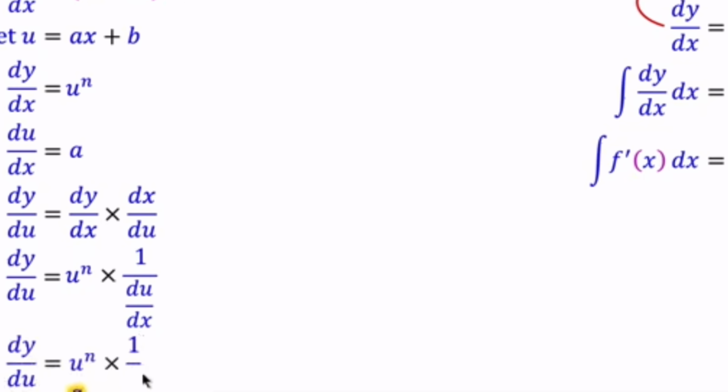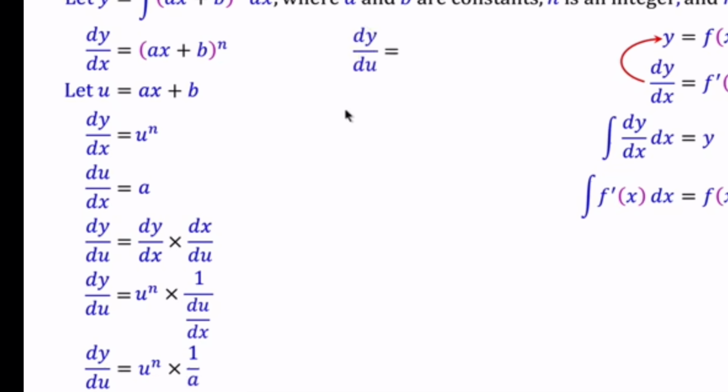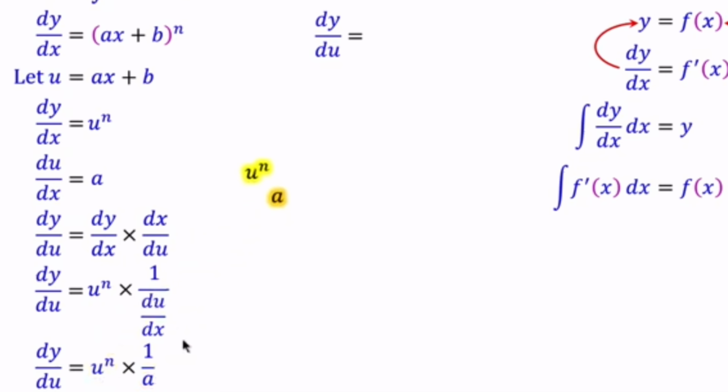So we have successfully got dy/du is u to the power of n times 1 over a. I hope you understand. So now we are going to proceed. dy/du is actually u to the power of n over a.